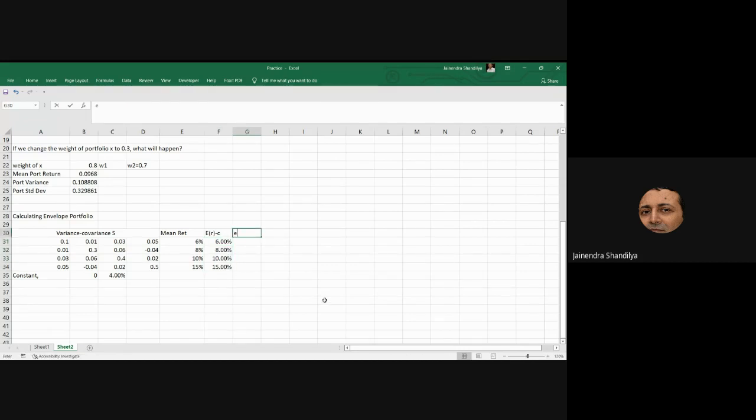Here also I want to do ER minus C, but here I want to use the constant 4%, because this dollar is fixed, and then I'm done. So I get ER minus C 1 and ER minus C 2.